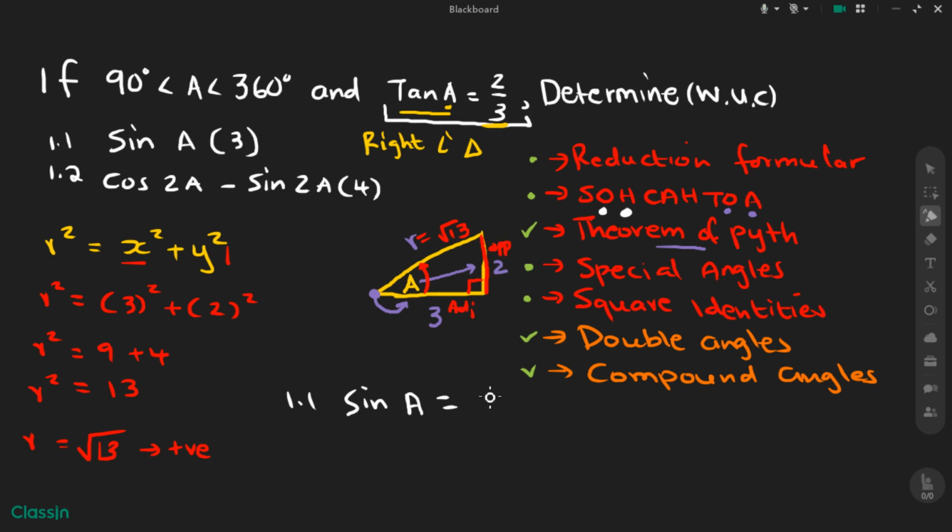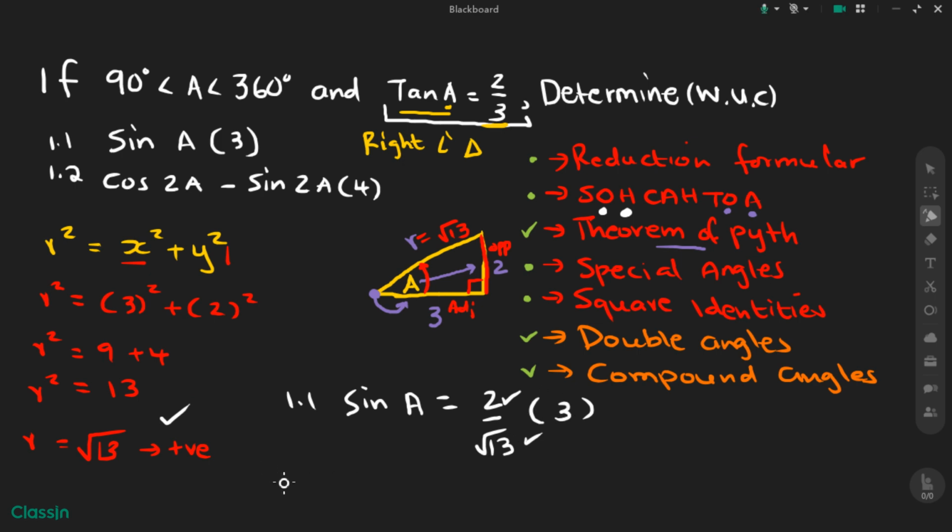It is 2. And what is our hypotenuse? Root of 13. For 3 marks, you get 1, 2, and 3. So it means that these 3 marks are part of your question.